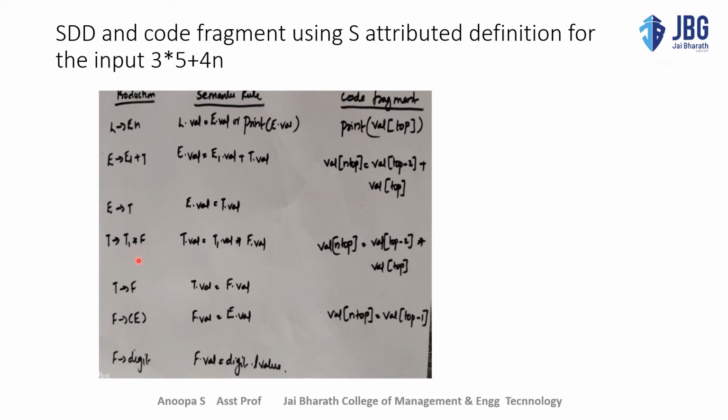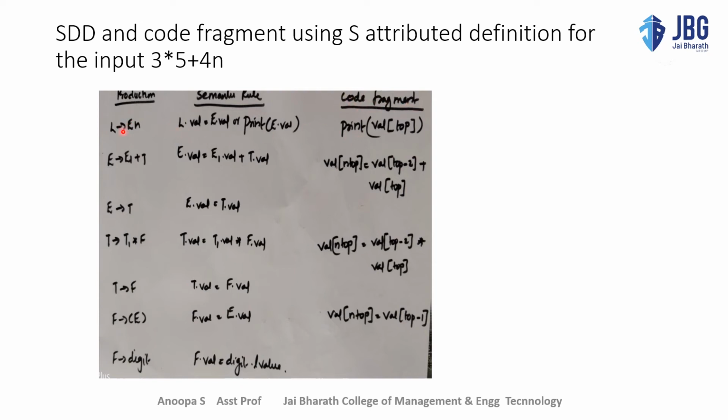So these are the predictions that I am using. L giving En, E giving E plus T, E giving T, T giving T star F, T giving F, F giving E and F giving digit. These are the semantic rules corresponding to the prediction, and this is the code fragment.